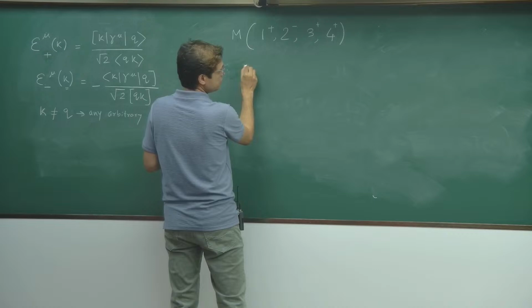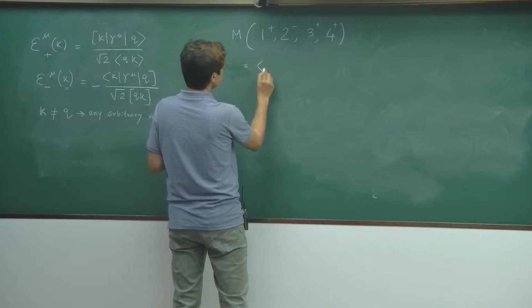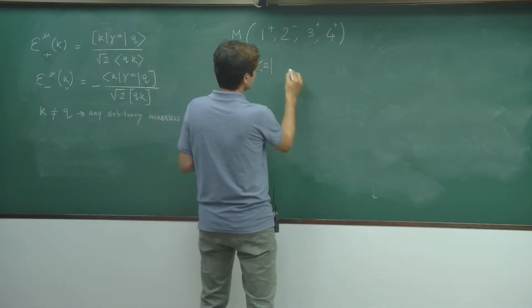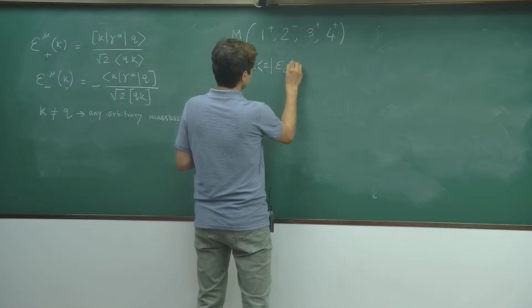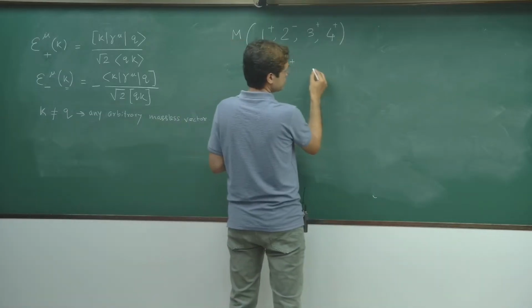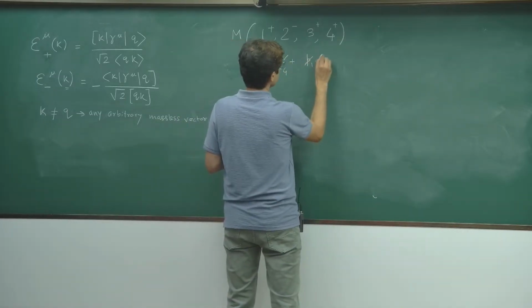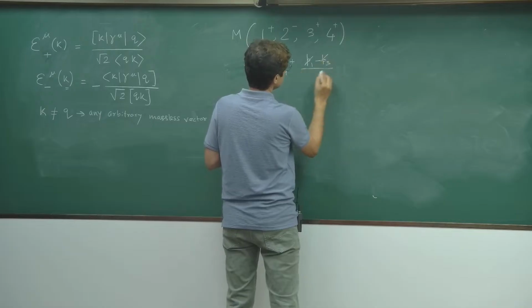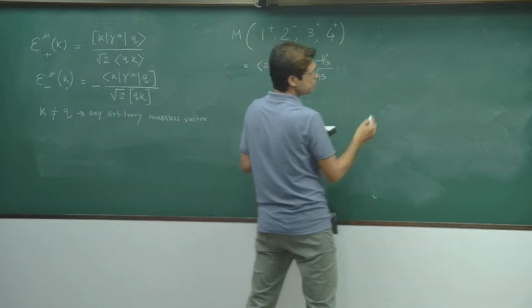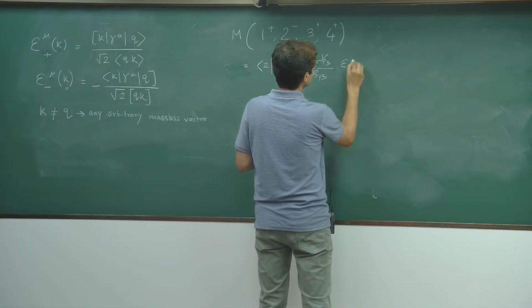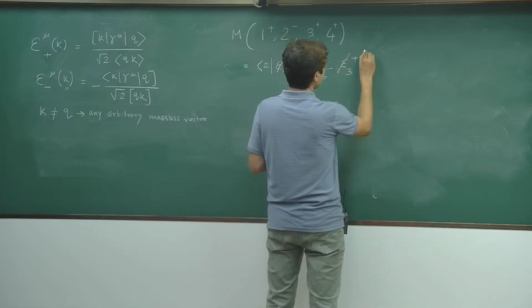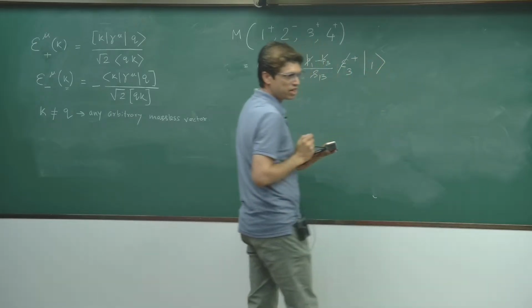Let me write down the full thing. So this is 2 epsilon 4 plus slash, P1 slash minus P3 slash divided by S13, epsilon 3 plus. Okay, for the first diagram.